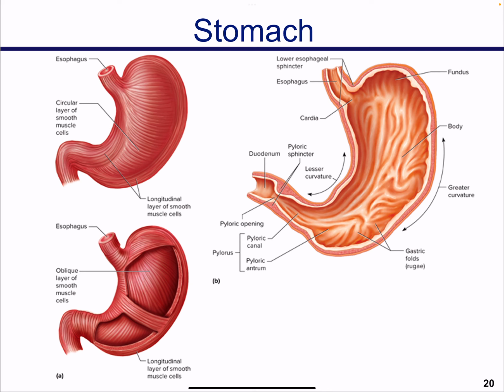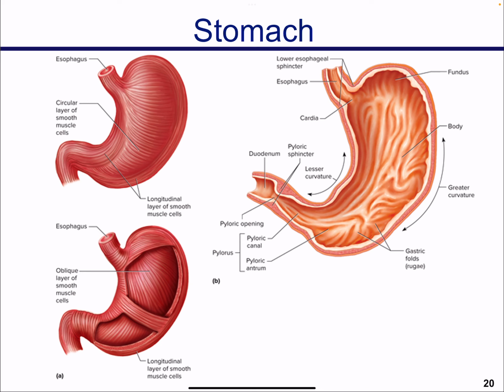The stomach has 3 muscle layers, and these 3 muscle layers allow the stomach to actually do most of the mechanical digestion after the teeth, right? Because the teeth do a great mechanical digestion, no question about that. But after you swallow, the stomach is really what is going to do most of the job after that.